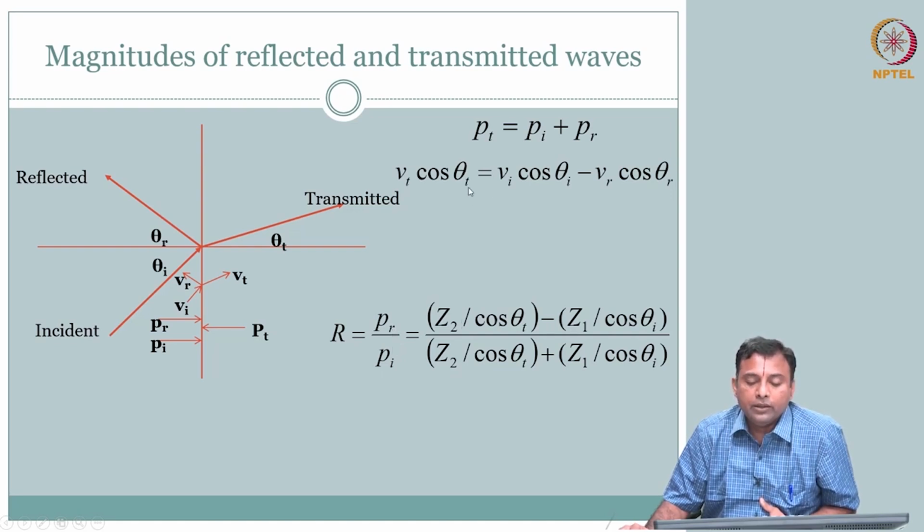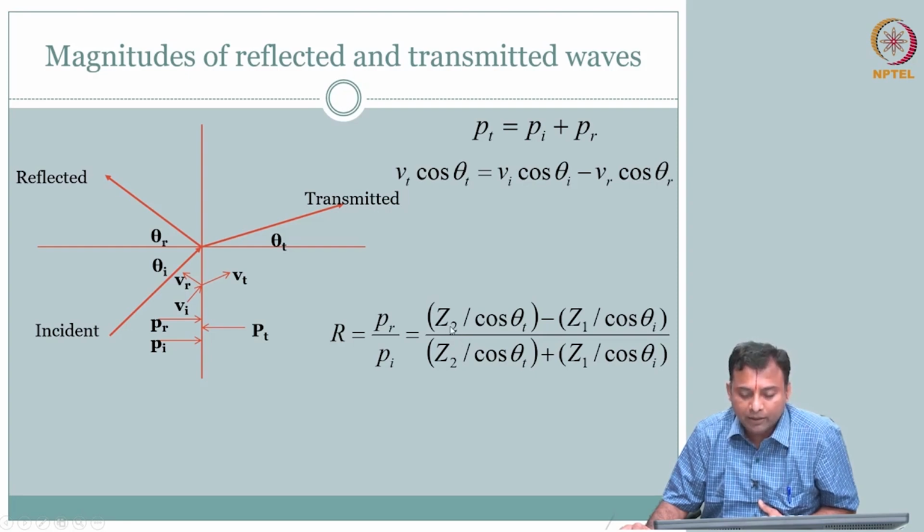Okay, so you can then do a subtle rearrangement. We know the relationship between pressure, velocity and impedance, right? One side it is Z1, the other side it is Z2, correct? So we could use that relationship and write it in this form. There are several ways of writing it.